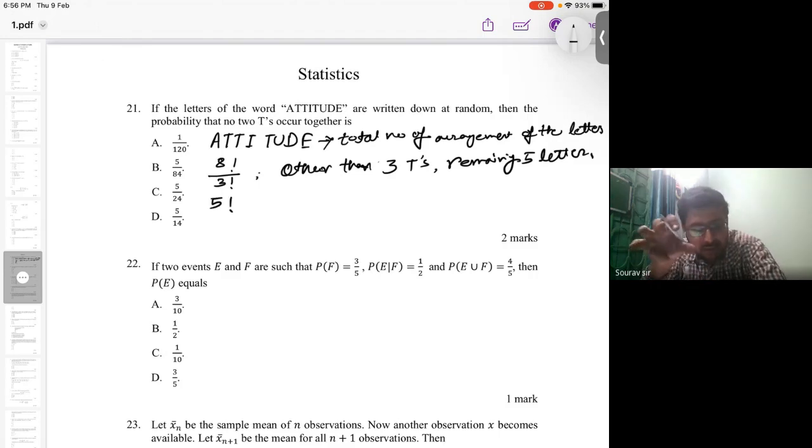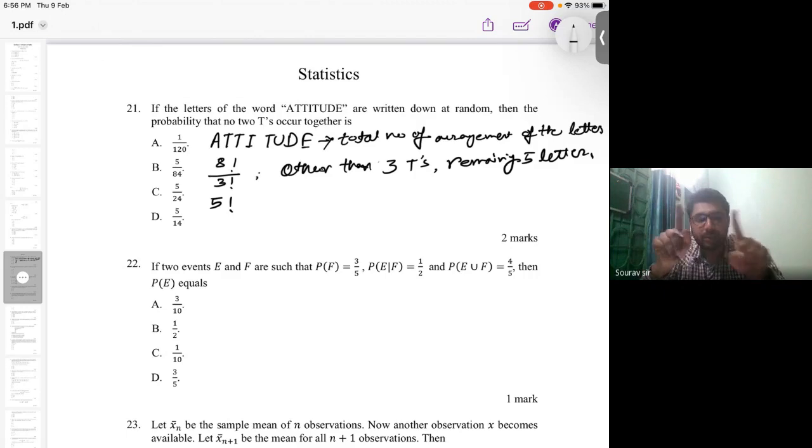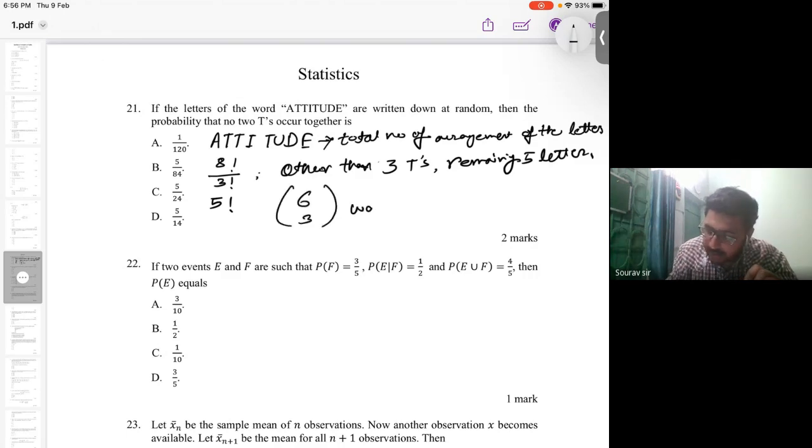So in each arrangement of these 5 letters, there are 6 places: 4 between the 5 letters, one on the extreme left and the other on the extreme right. So to separate the 3 T's, arrange them in these 6 places, and this can be done in 6C3 ways, right?